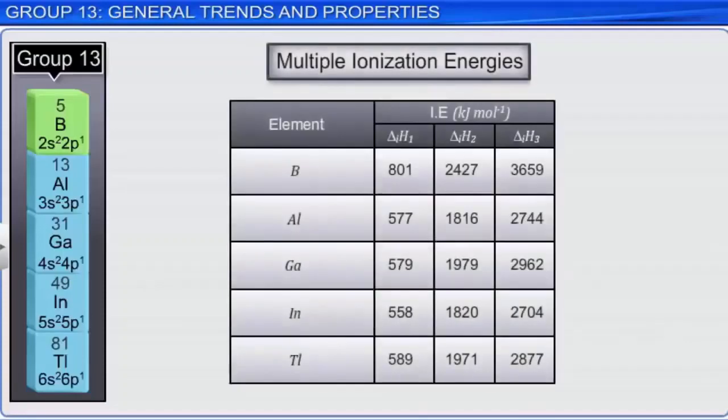As additional electrons are removed, the ionization energies for each removal increase. For example, the first 3 ionization energies of group 13 elements are shown. It should be noted that the sum of the first 3 ionization energies for boron is significantly higher than for the other group 13 elements.